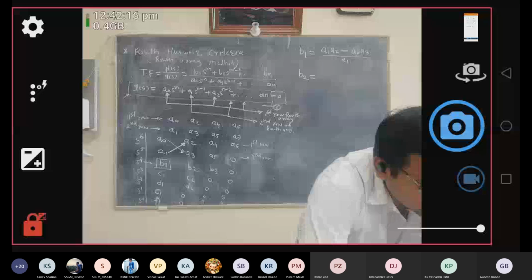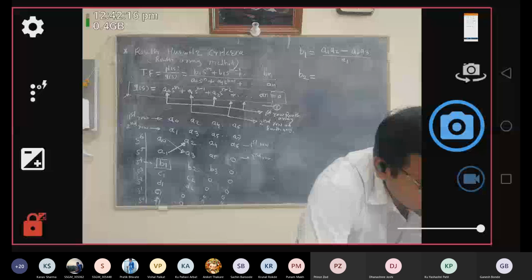Let's take an example. Let's say this B1 value is -3, and all the rest of the values are positive, say 1, 1, 2, 2, 3, 4, like this. How many sign changes are there here? This sign is positive, this sign is negative, so here is the first sign change, and then from -3 to positive is the occurrence of the second sign change. So whatever values we have considered here, there are two sign changes.